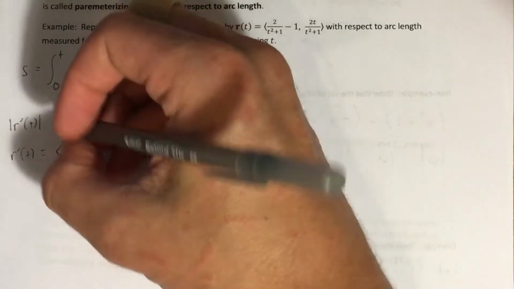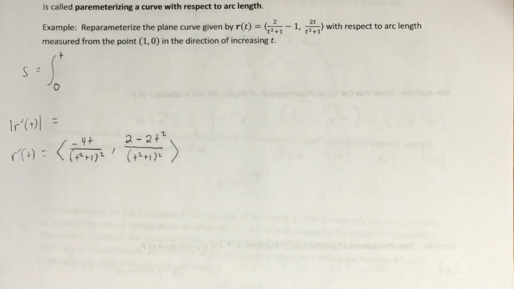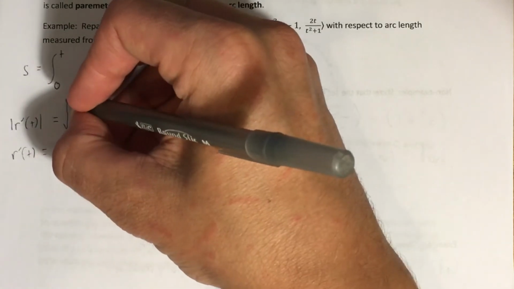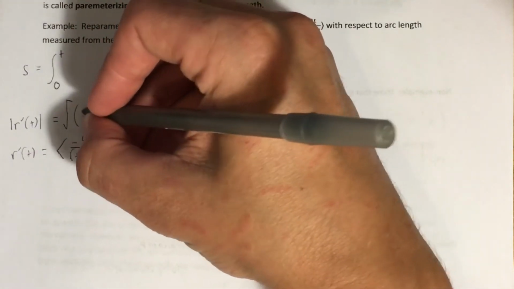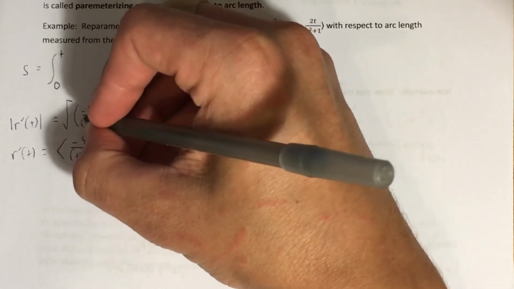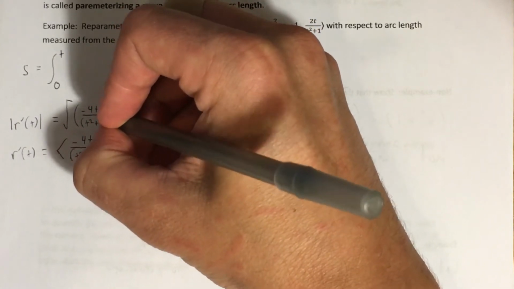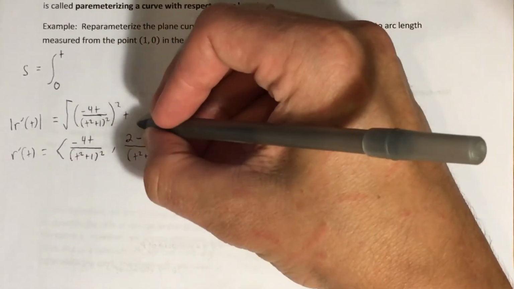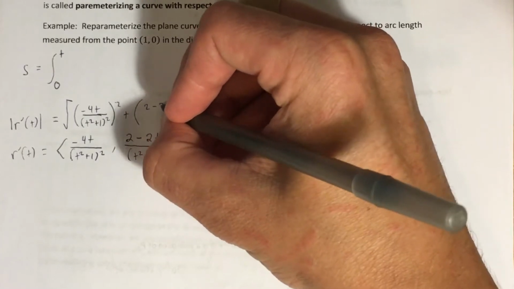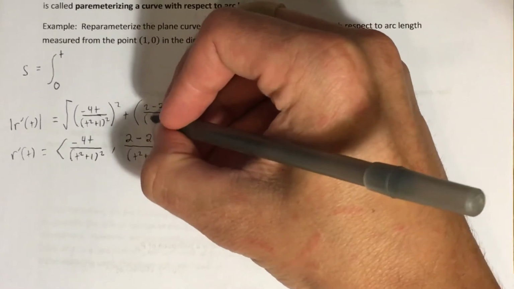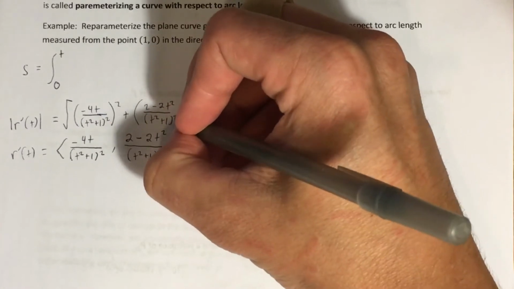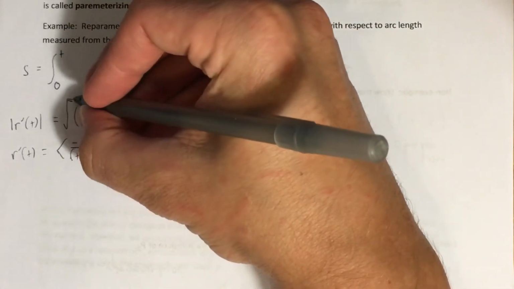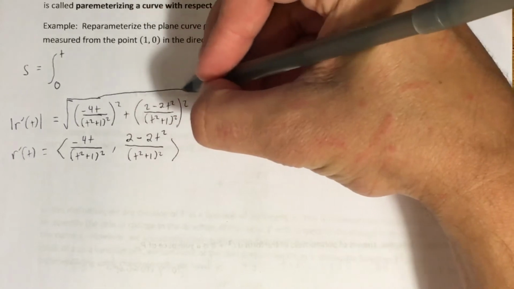Okay, going back up here, what we need is the norm or the magnitude of this vector. So it's the square root of the sum of the squares of these guys: negative 4t over (t squared plus 1) squared, plus 2 minus 2t squared over (t squared plus 1) quantity squared, everything squared, and big square root there.